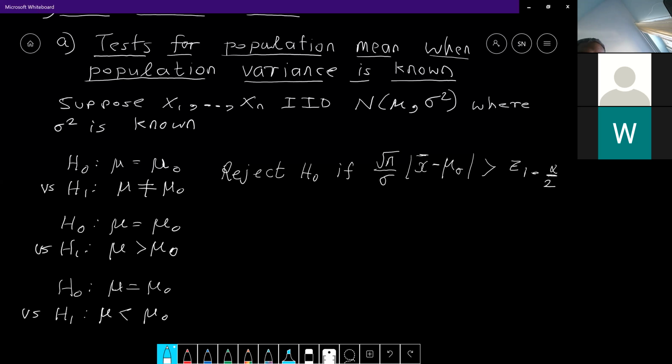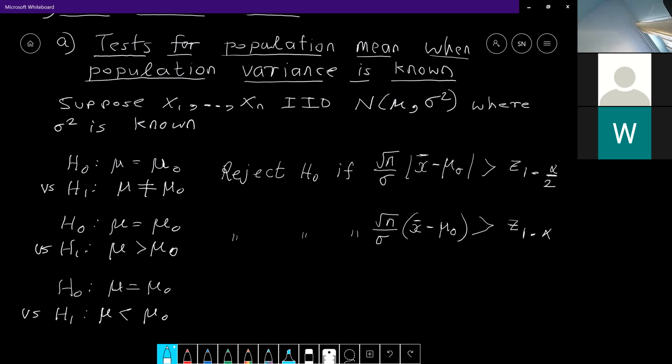For the second one, the rule is slightly different. It's root n divided by sigma multiplied by x bar minus mu zero greater than z 1 minus alpha.